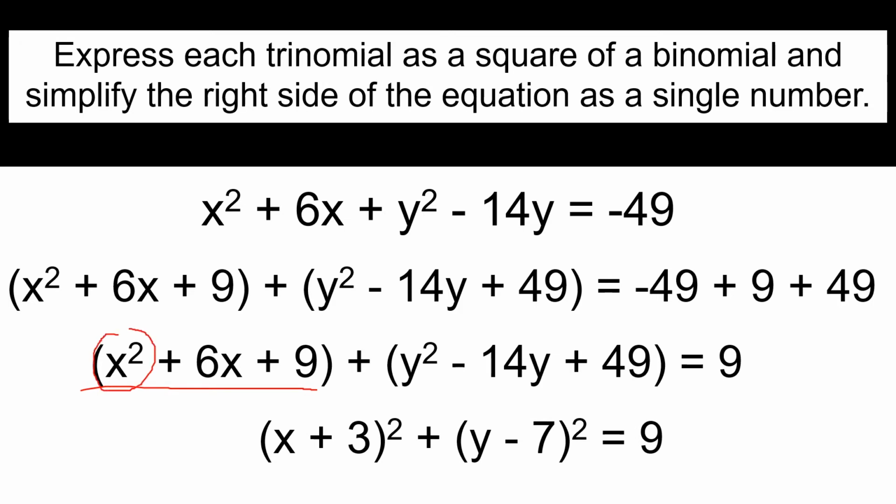So, yung first term natin is x squared. Ang square root niya is x. Next, copy natin yung sign ng second term. So, since positive, therefore, plus yung ilalagay natin dito na sign. Next, get the square root of the last term. Square root of 9 is equal to 3. Kaya yung square of a binomial natin would be the quantity of x plus 3 squared.